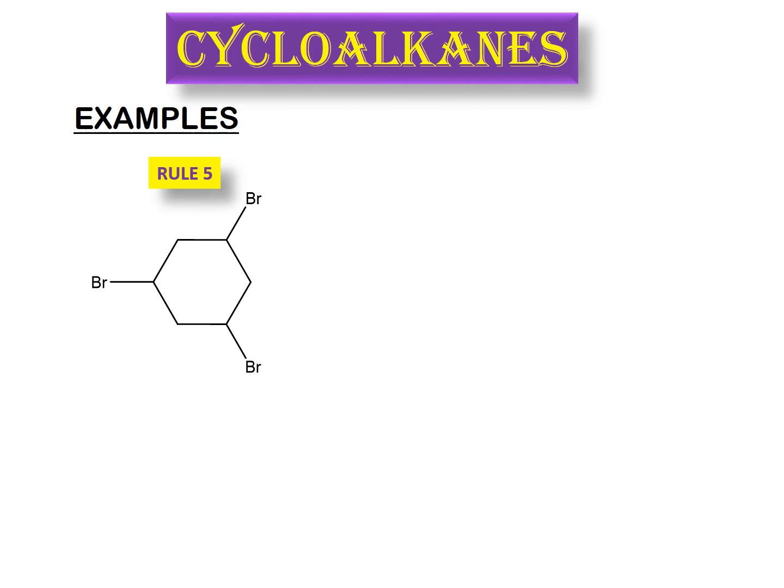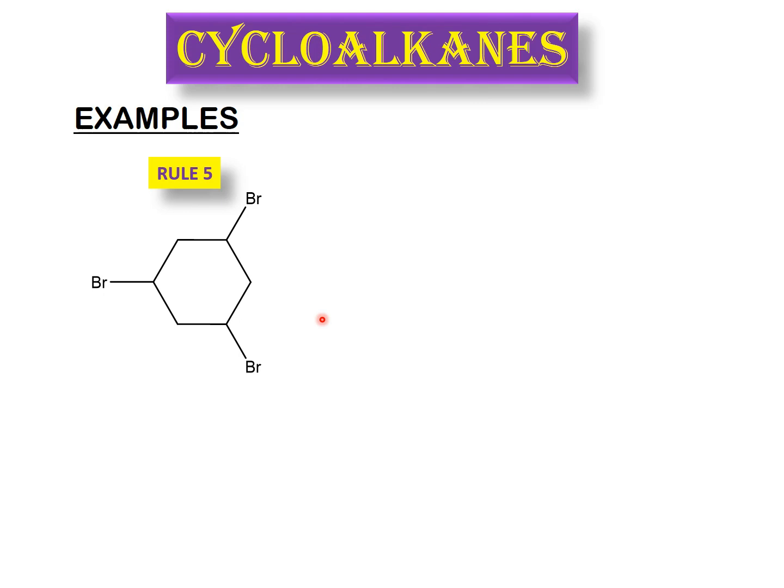So this is the first example, and I have mentioned here that rule number 5 will be followed. You have more than one substituent on this cycloalkane ring, and you see here you have 3 substituents and all of them are similar. You have 3 bromo groups attached to this cyclohexane ring.